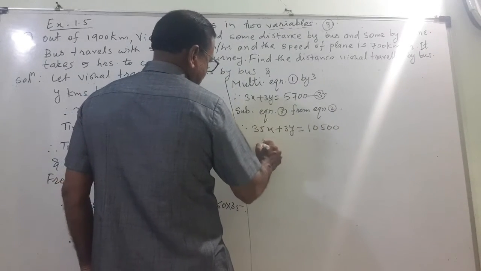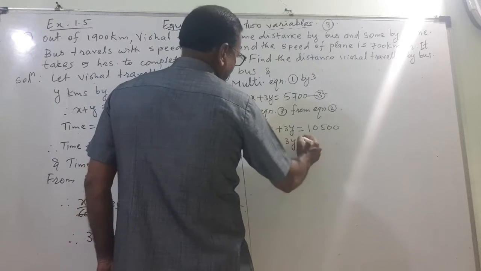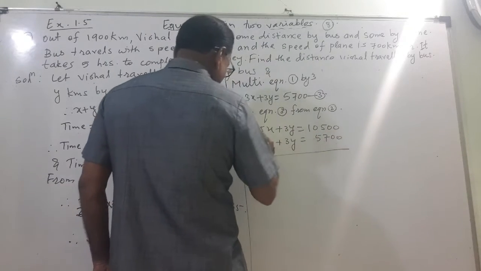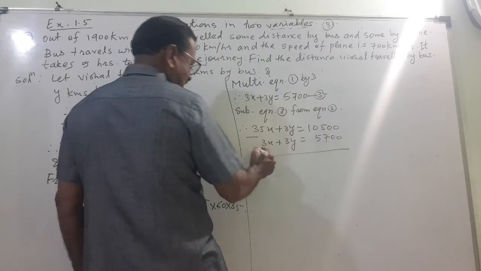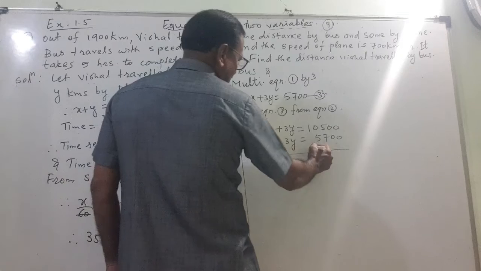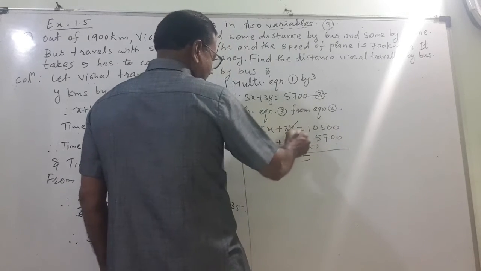This is 3x plus 3y is equal to 5700. This I am subtracting. Don't forget the sign also. This is plus, it has become minus. This is plus, it has become minus. The 3y cancels.